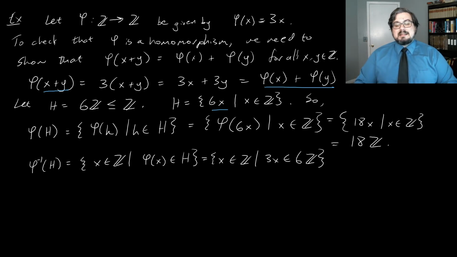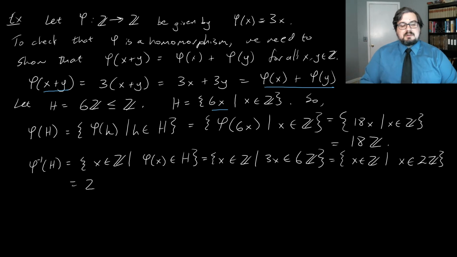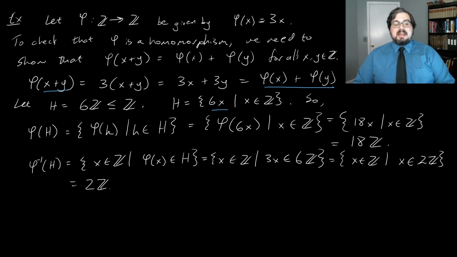Well, because 6 is 3 times 2, 3 times x is only going to lie in 6Z if x is even. So this is going to be the set of all x in Z such that x is in 2Z. And so that'll give us the set 2Z, of course. So that tells us that the preimage of H, the set of all things in Z that get mapped into H by this function phi, are the even numbers 2Z.